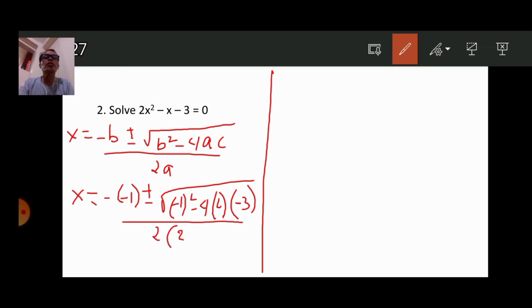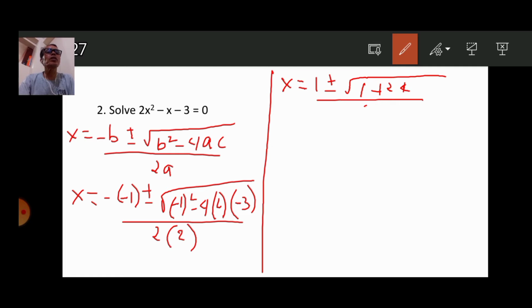a, which is 2. So, you will now have x is equal to negative times negative 1, which is positive 1, plus minus the square root of negative 1 squared, which is positive 1. Negative 4 times 1 is negative 4. And negative 4 times 2 is negative 8, times negative 3 is positive 24, over 2 times 2 is 4.